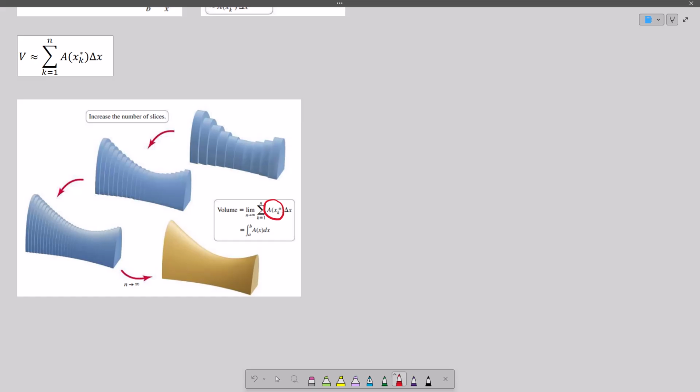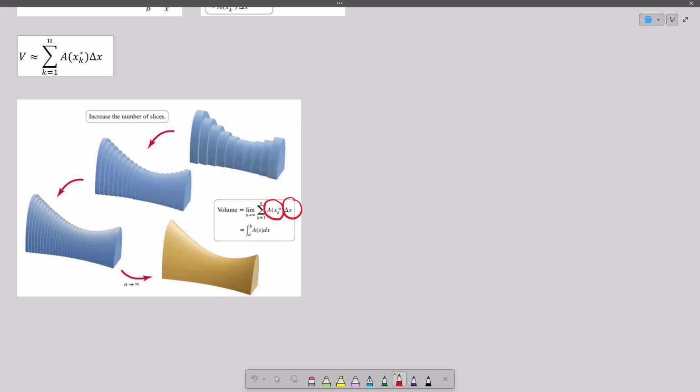This right here is area of the parabolic cross section. And then if you multiply it by a little thickness, that creates a slice. So you now have a mini volume. And when you add up all these mini volumes, you get your approximation. But then when you take the limit, you're taking the limit of a Riemann sum. The limit of a Riemann sum is a definite integral.